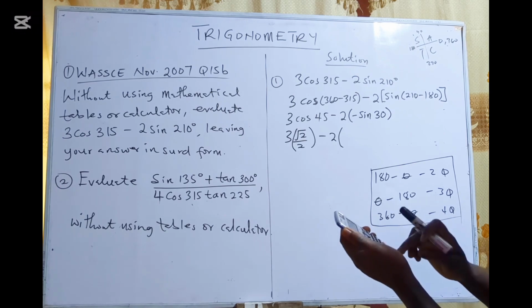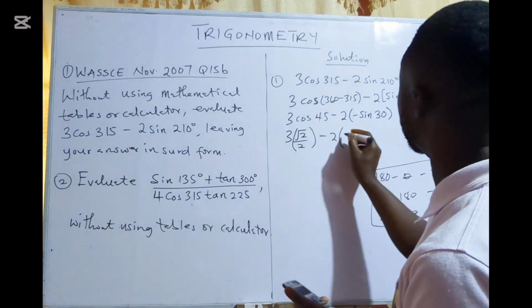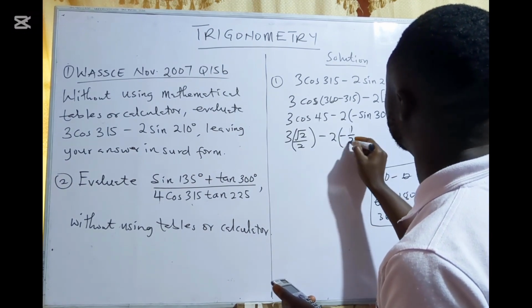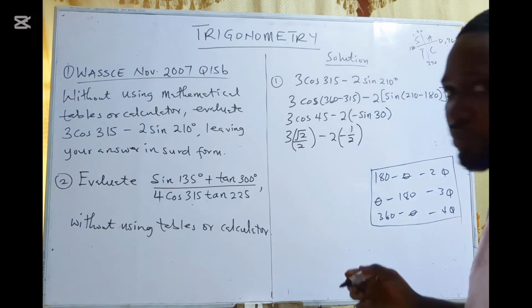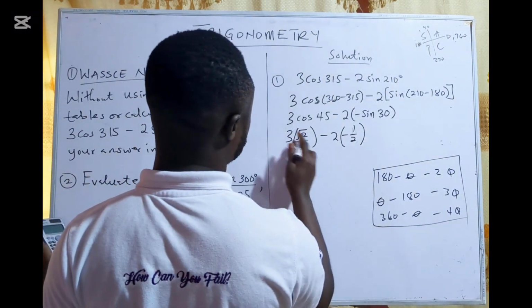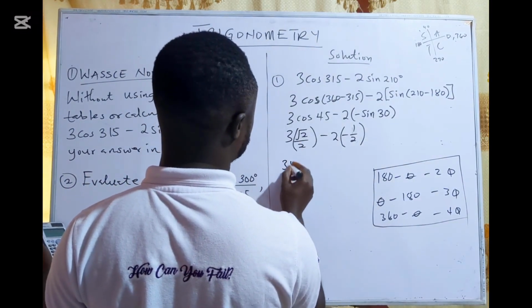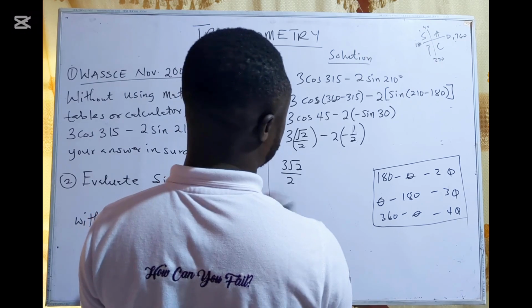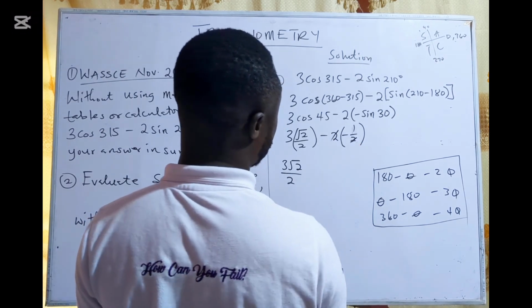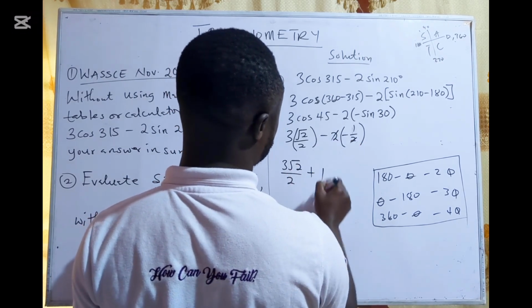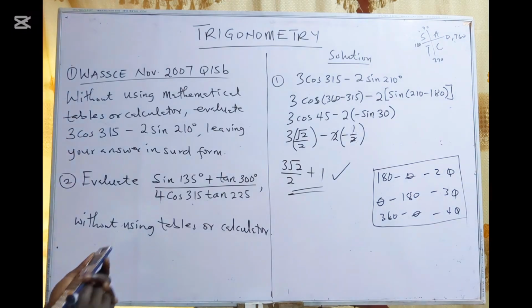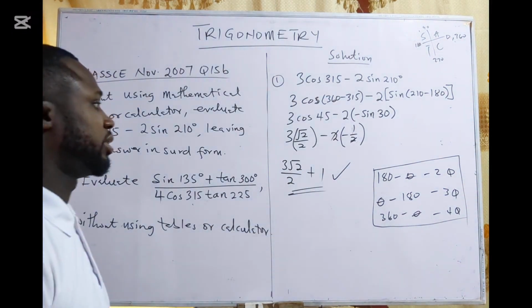Sine 30 gives us 1 over 2, so minus 1 over 2. 3 times this gives 3 root 2 on 2. Then these 2s cancel. Minus 1 also gives us a plus 1. So our answer becomes 3 root 2 over 2 plus 1.